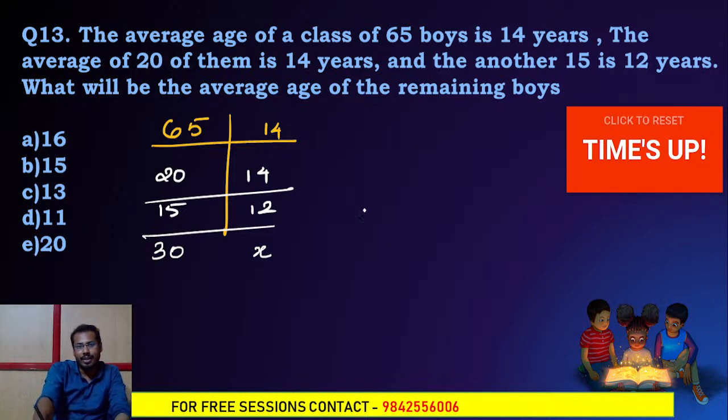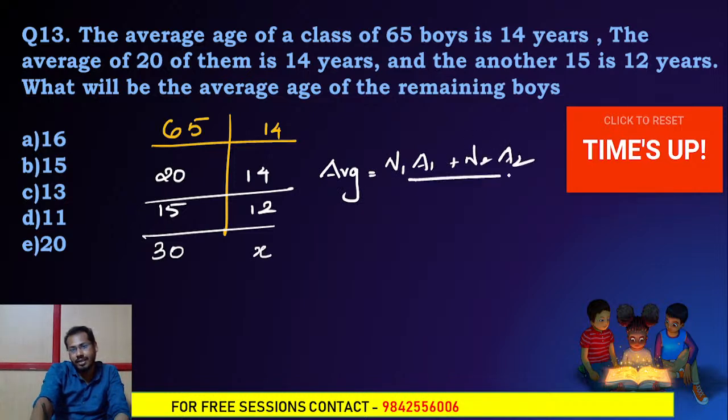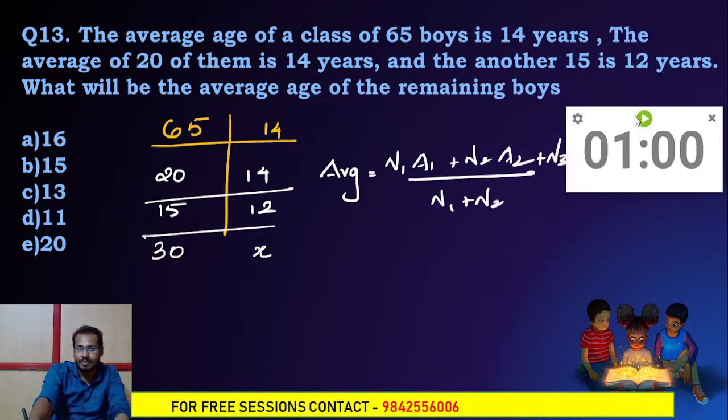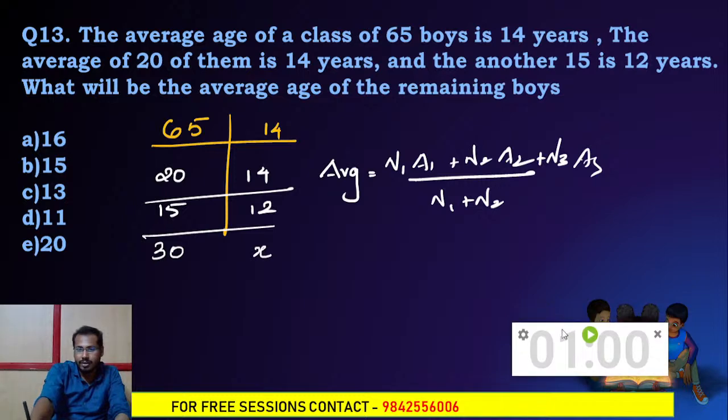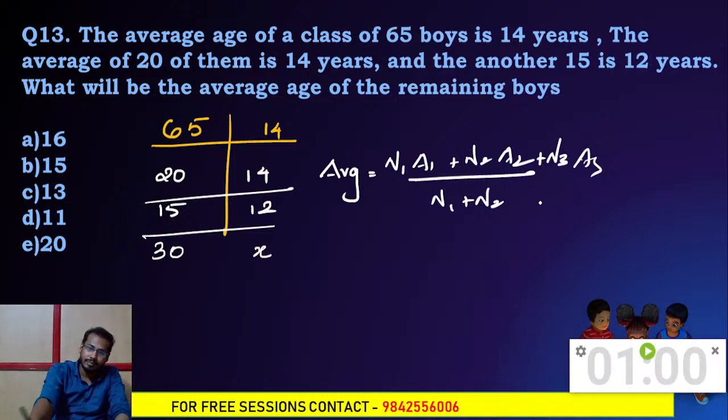See, what is our formula? Average is equal to N1A1 plus N2A2 divided by N1 plus N2. But here we have three groups, so plus N3A3. Then the formula: what is the average?